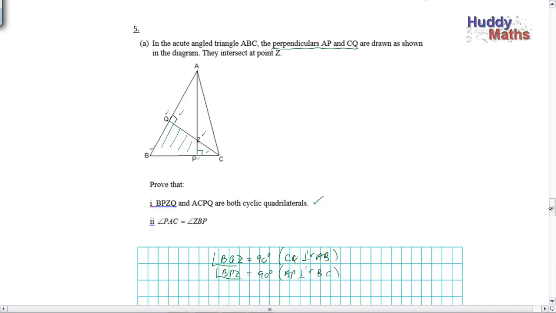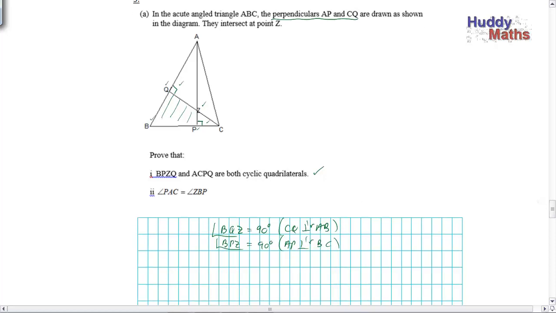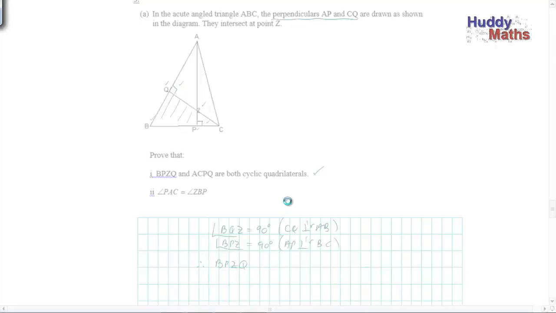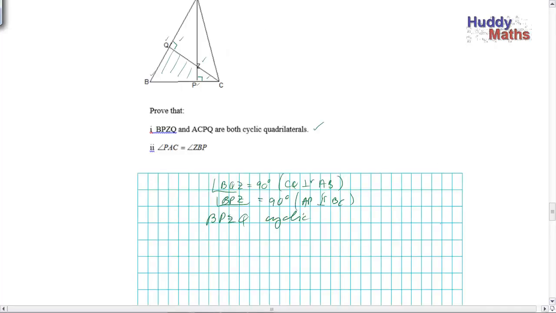Okay, come down a bit here, run out of room. Therefore, BPZQ is cyclic. Oh, sorry about that. Let's just stop that for a minute. So we've got BPZQ is cyclic, opposite angles supplementary.